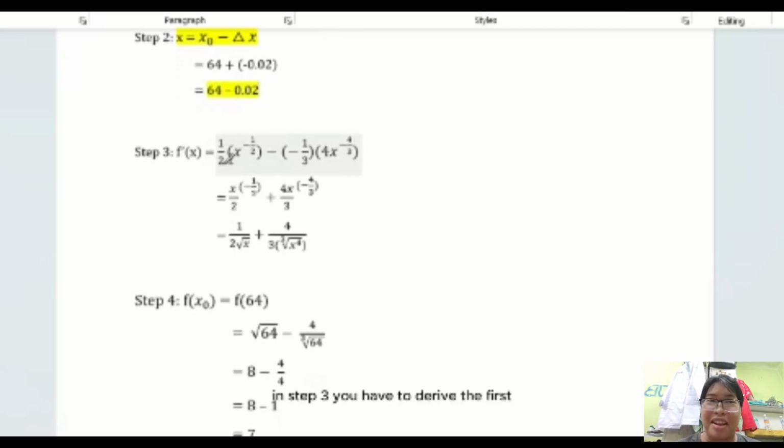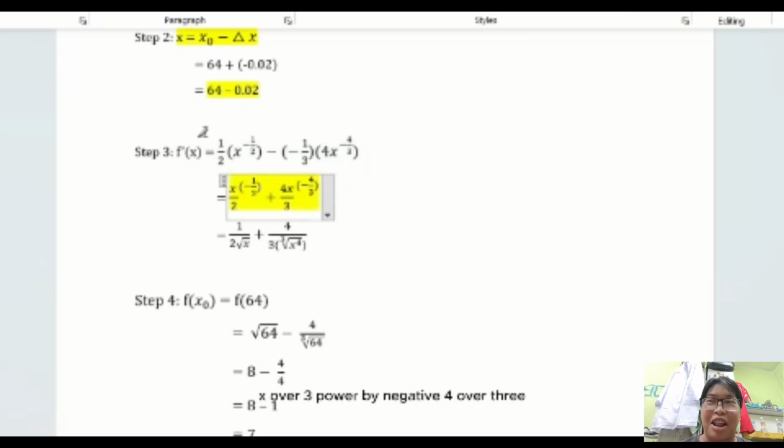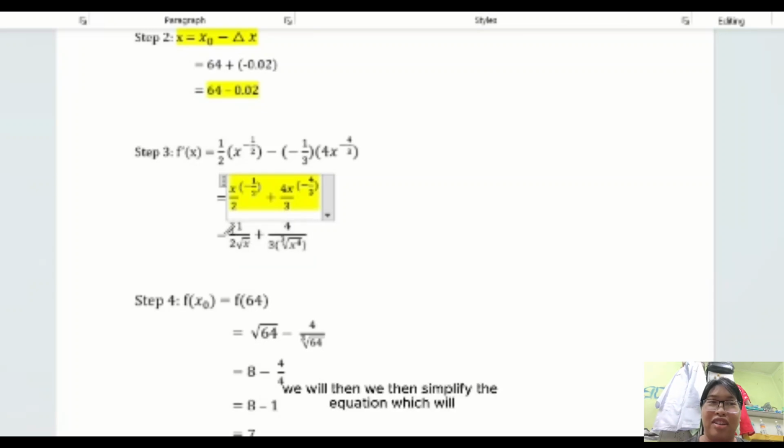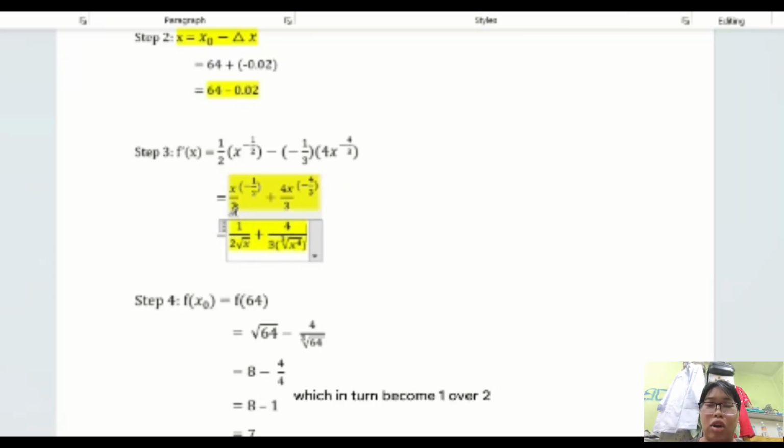In step 3, we differentiate the second equation, which becomes x over 2 to the power of negative 1/2 plus 4x over 3 to the power of negative 4/3. We then simplify the equation, which becomes 1 over 2 square root of x plus 4 over 3 times the cube root of x to the power of 4.